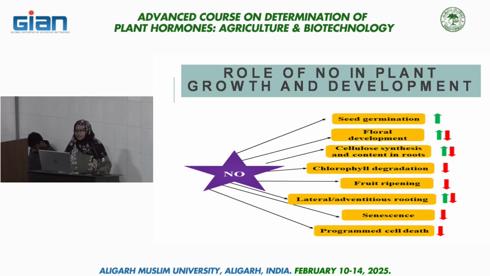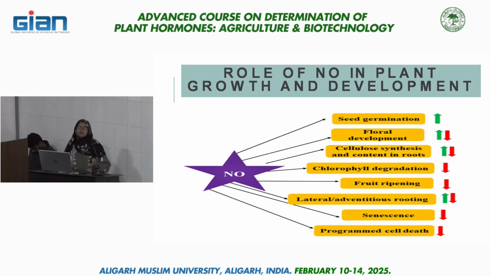This is probably due to enhancement of beta amylase activity, which is directly linked with seed germination. During seed germination, beta amylase is involved in the degradation of starch and facilitates the conversion of starch into sugar, which is essential for proper seed germination.